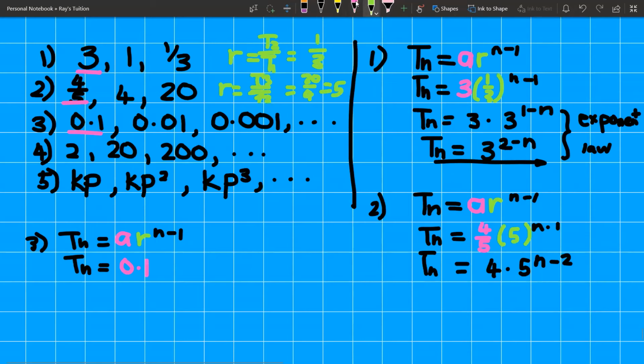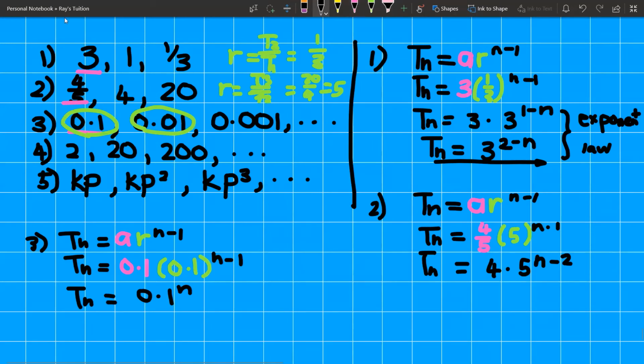Then the ratio, we get it by dividing. Here I'm going to say T2 divided by T1, and then what I get is 0.1. So it's 0.1 to the power of n minus 1. And then if we simplify this using exponent laws, once again, we get 0.1 to the power of n.